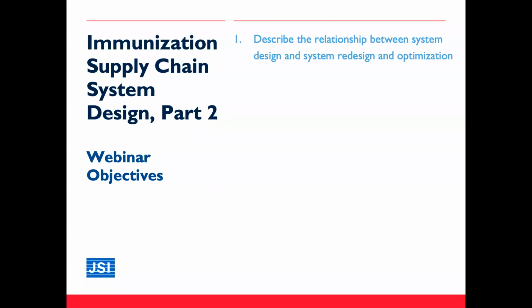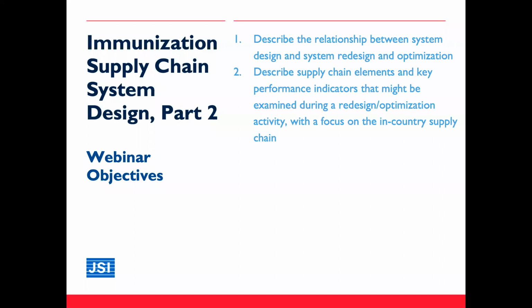Our objectives are to describe the relationship between system design and system redesign and optimization, describe supply chain elements and key performance indicators that might be examined during redesign or optimization activities with a focus on the in-country supply chain.